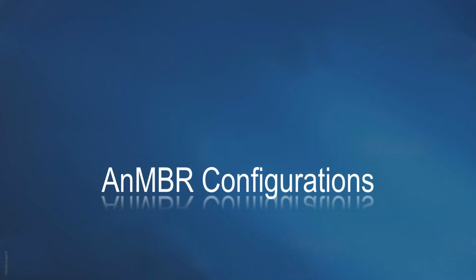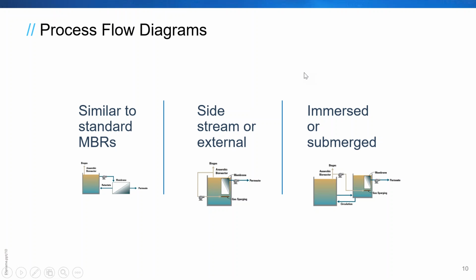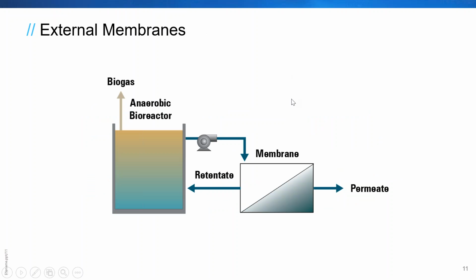So as far as the configurations go, generally you have some that are very similar to MBRs that you might be used to seeing. There's the option of doing a side stream or external type option, and then the immersed or submerged type. So first, external membranes.